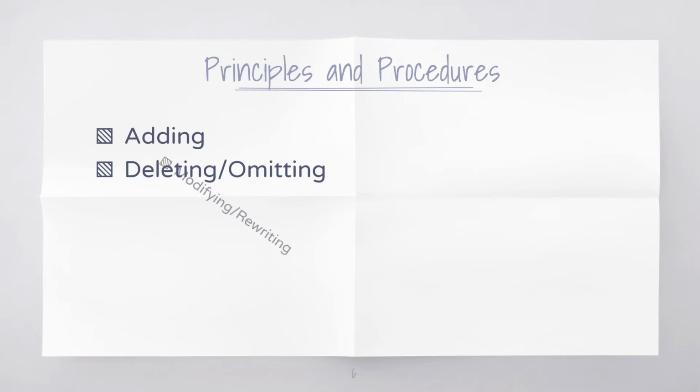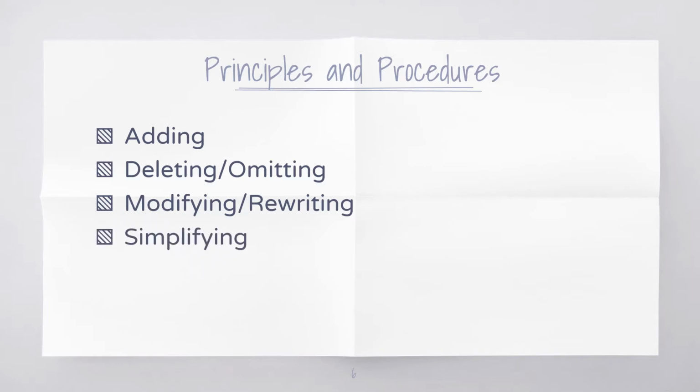We also have modifying, which is changing something in order to improve it or make it more acceptable. Simplifying, which is a type of modification where things are made simpler to be better understood. Reordering, which is putting the parts of a course book in different order. That means adjusting the sequence of the presentation within a unit or taking units in a different sequence from that originally intended.